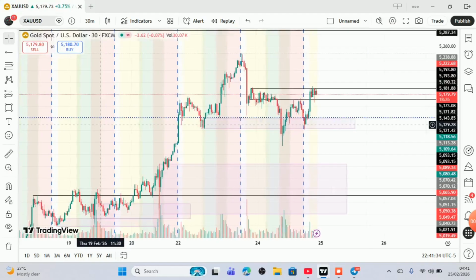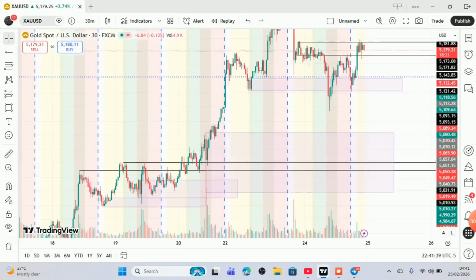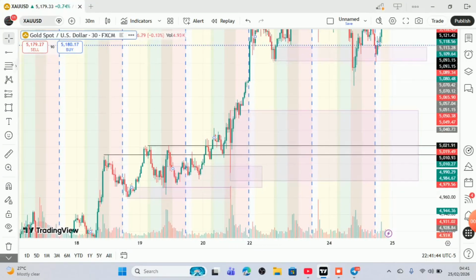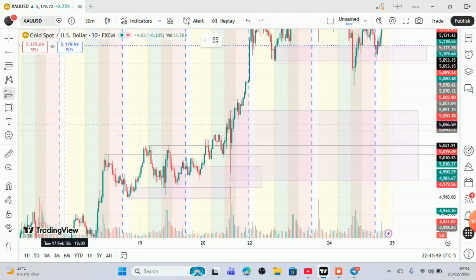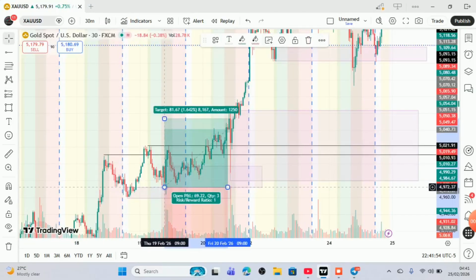Now, as we mapped out these order blocks, it's not something hard. When we are talking about take profit and stop loss, please don't be greedy.